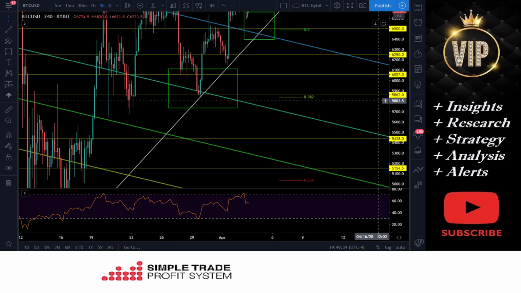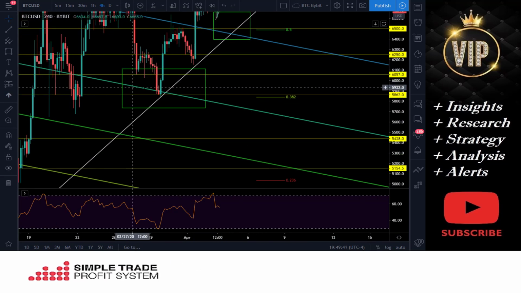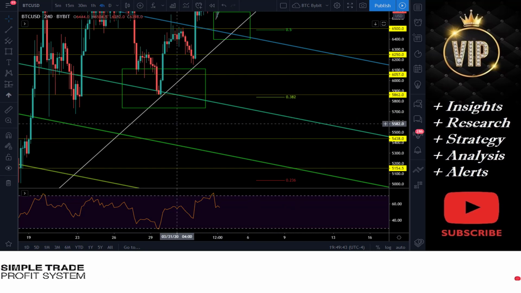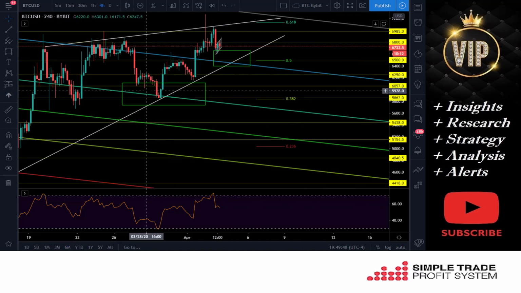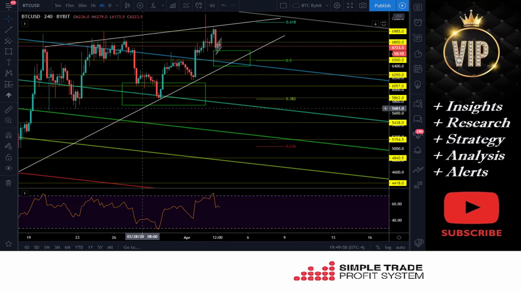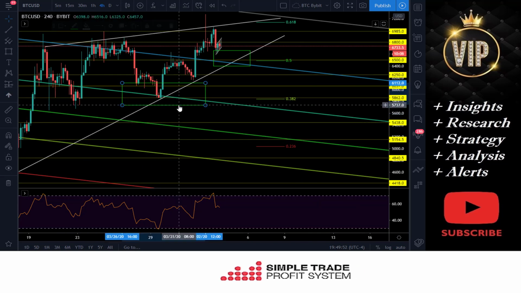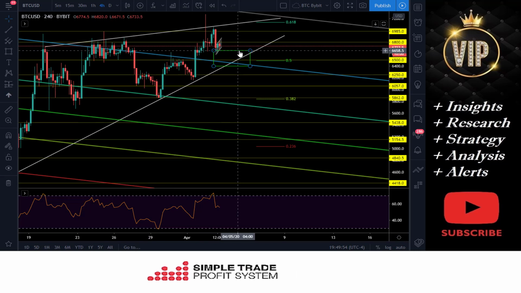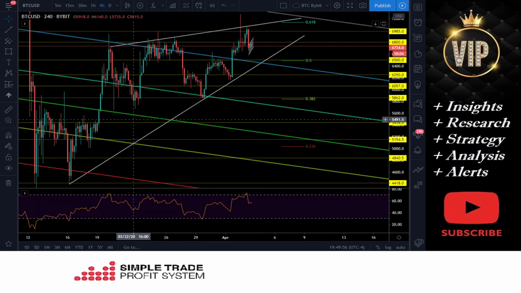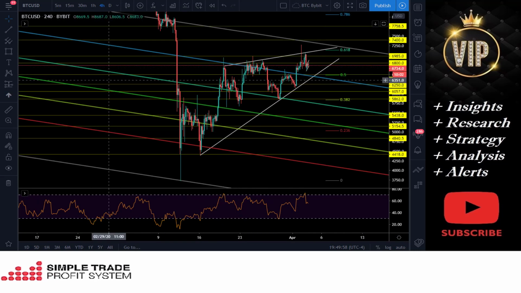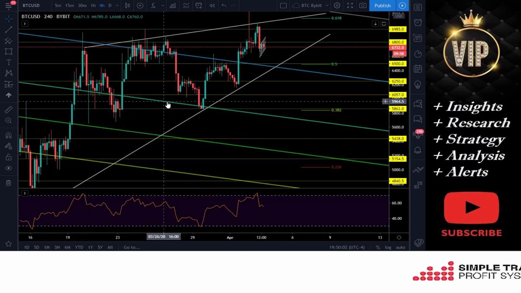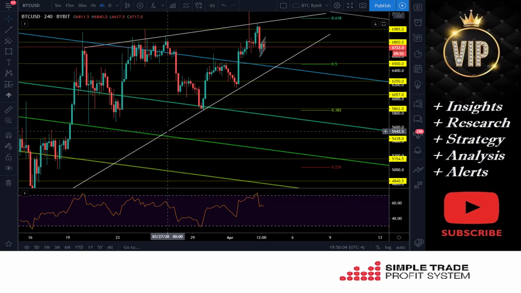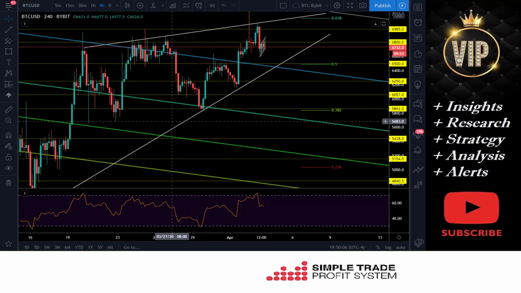So if we look right here, we have our Fibonacci channel coming down, acting as support. We have my white trend line coming up. Let's delete these. These are just a little bit too much. So my white trend line coming up, and right here they kind of form an X. Do you see that? This line coming down, my white line coming up, we got like an X right here.